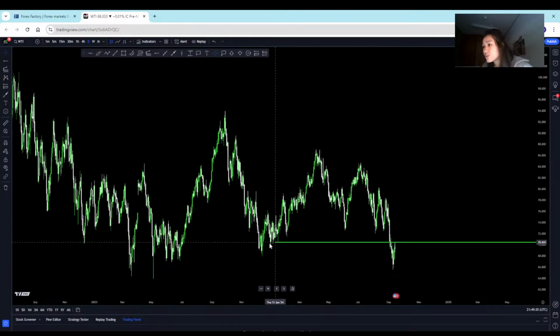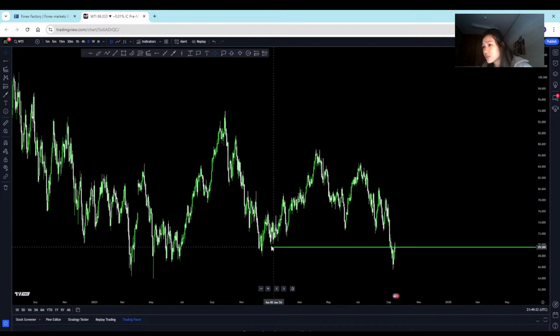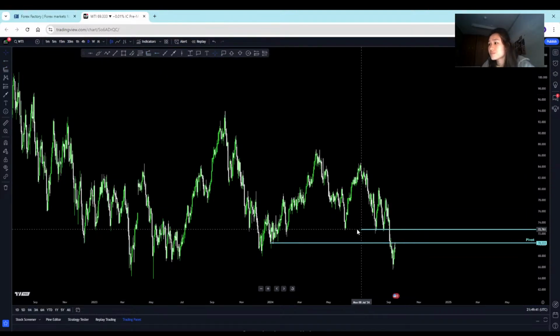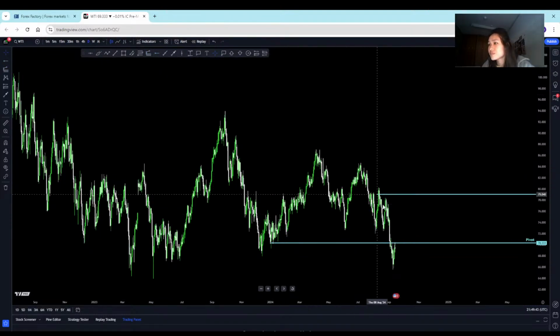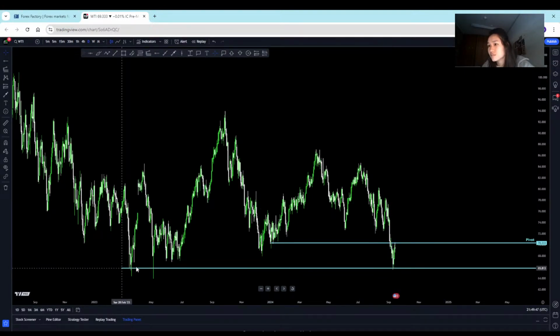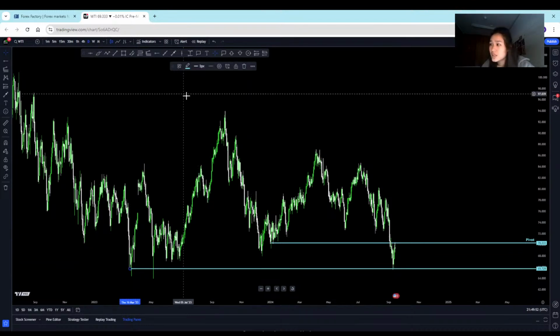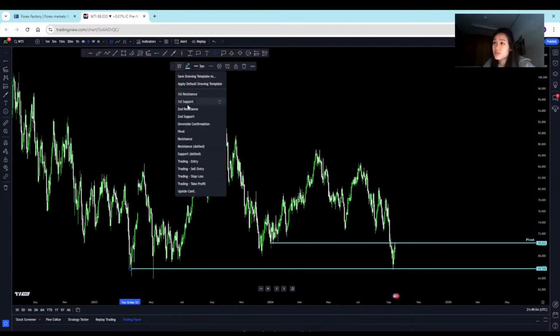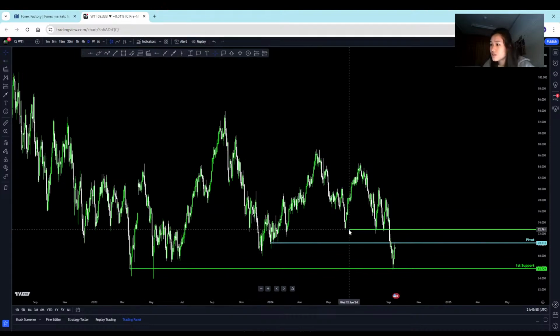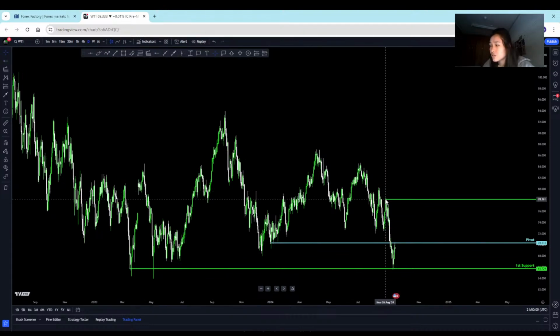Okay, so where price is currently at, this is gonna be my pivot. This level here is gonna be my first support, and for my first resistance, I'll place it at this swing high here.